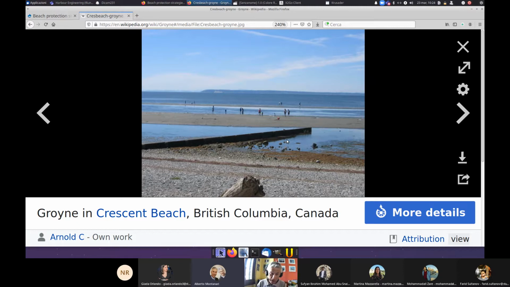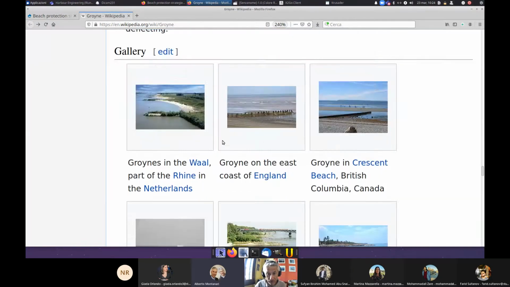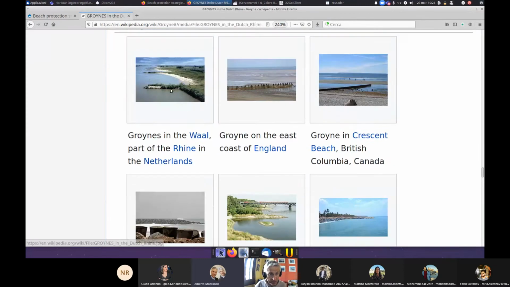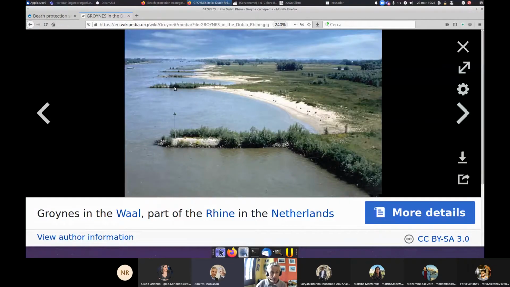They should originate deposition of sand on the sides, with more deposition updrift, and you may have some reduced deposition or even erosion downdrift. But still, when you see the groin accompanied by sand along its length, it means that the groin is indeed effective. And here you see vegetated groins, and again you see the effect.